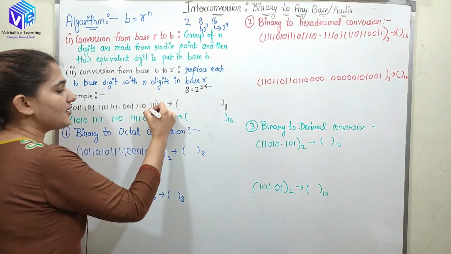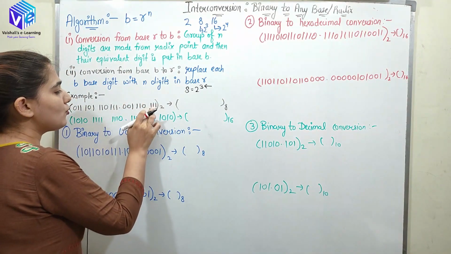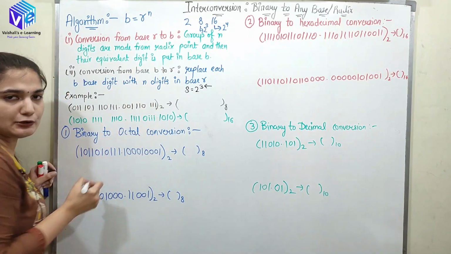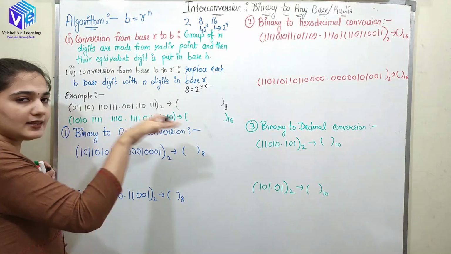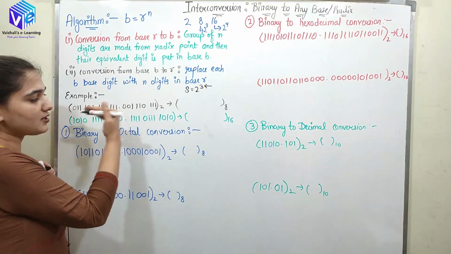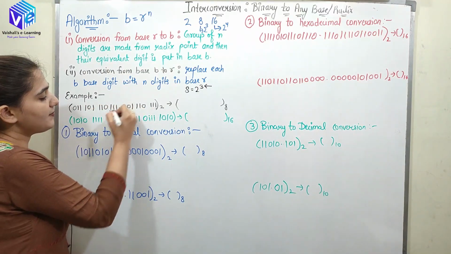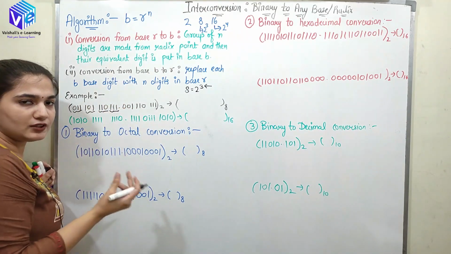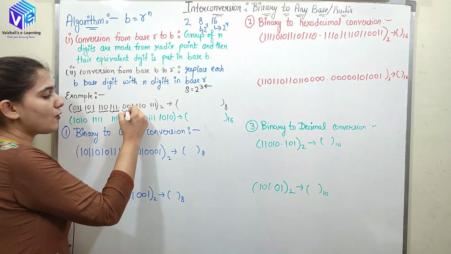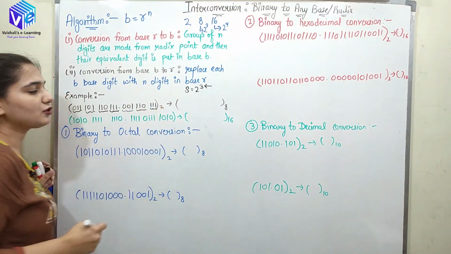In the binary number, I always move from the radix point. First I move towards the left and make groups of 3. This is how I have made the groups of 3 on the left. Now I move towards the right and make groups of 3.